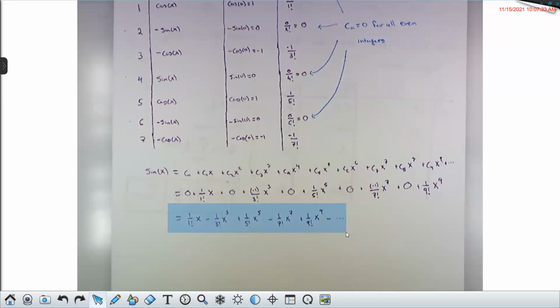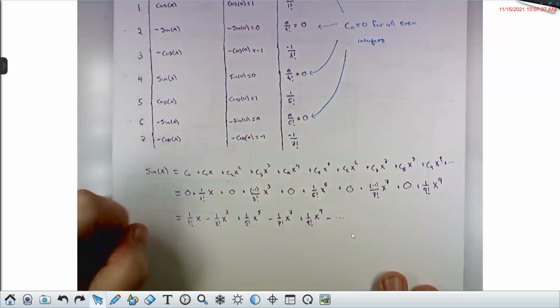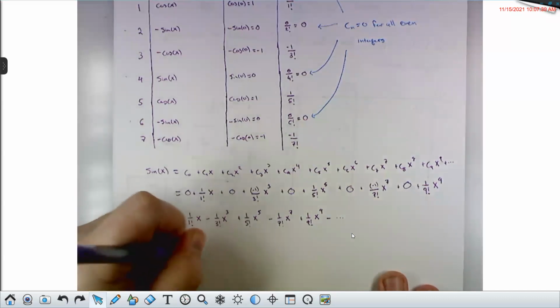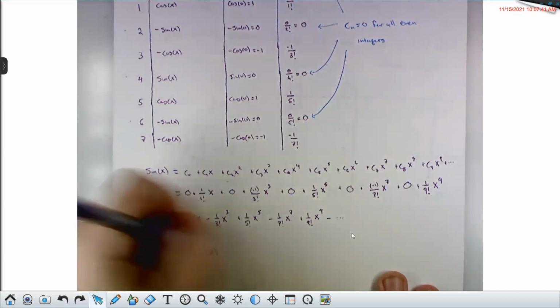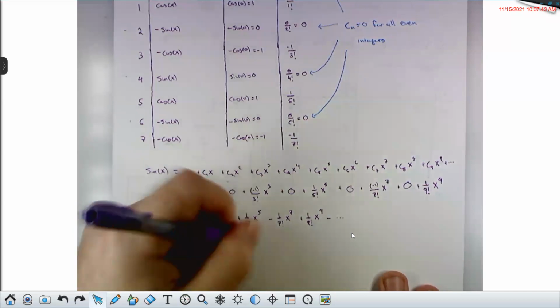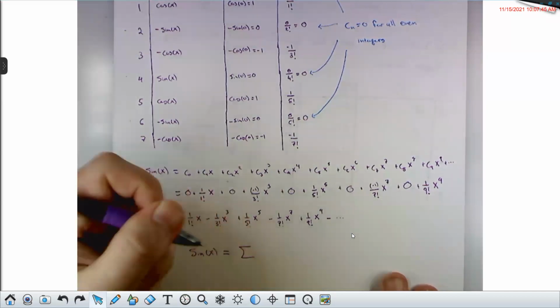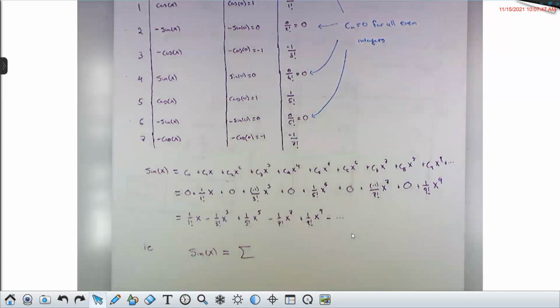And I would like to write this in sigma notation. What pieces live inside the sum?